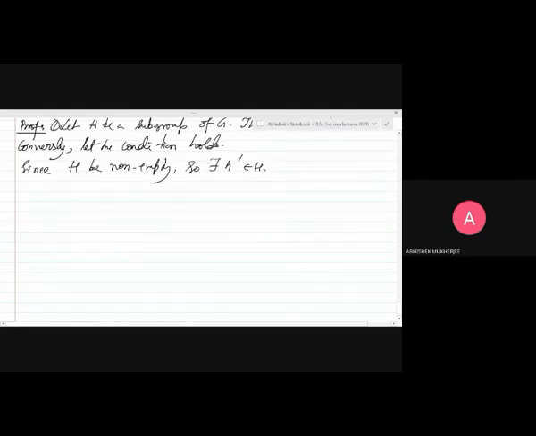Then what you can do using this h dashed? What would be your conclusion with this h dashed?